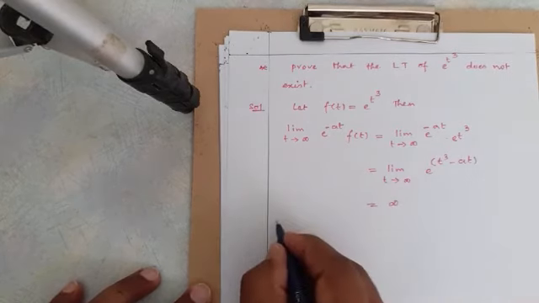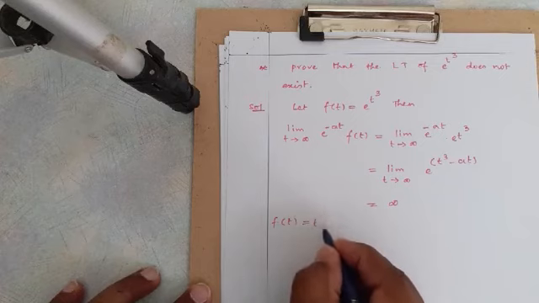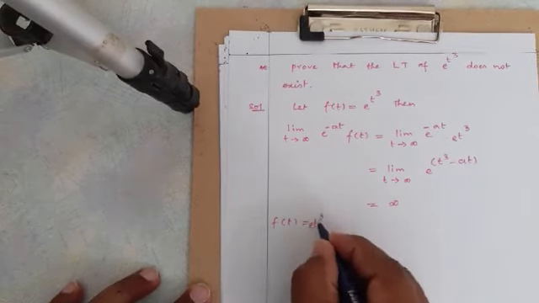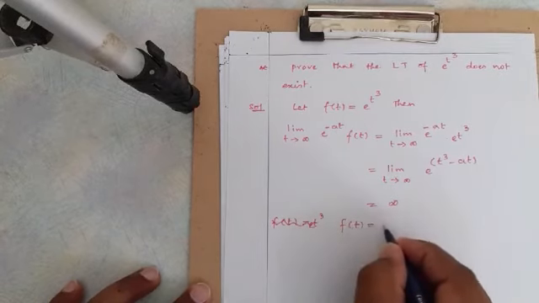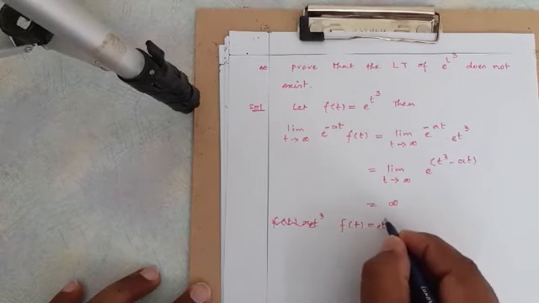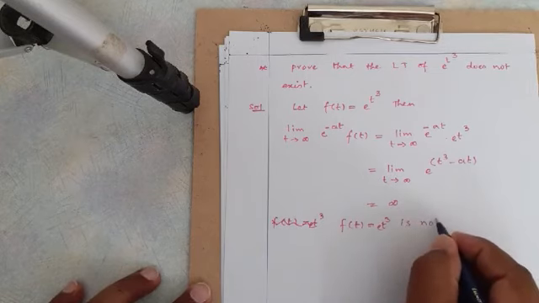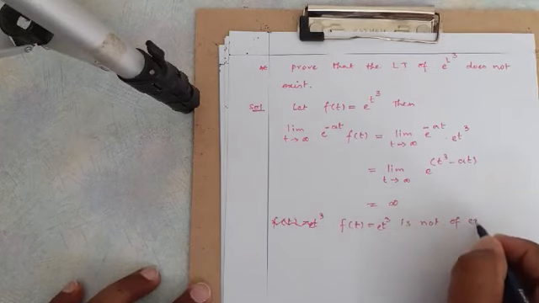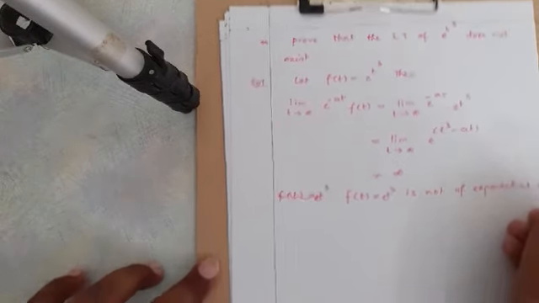So we write: f of t is equal to e power t cube, f of t is not of exponential order.